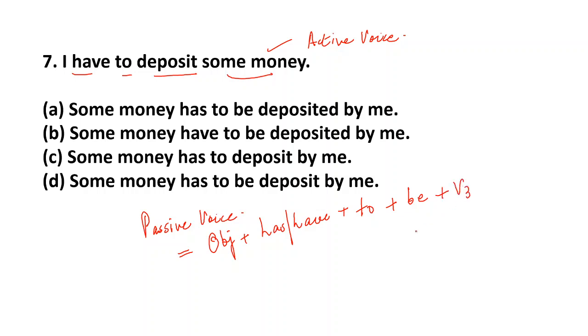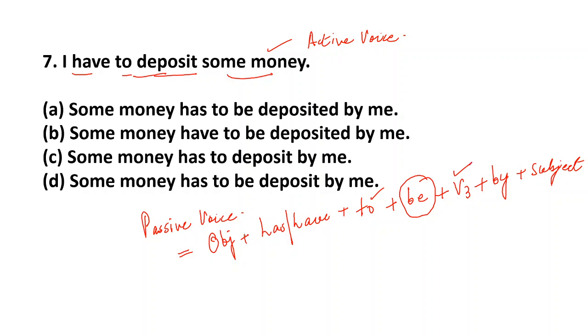As I told you, passive voice will always have V3. Then you will put by and then the subject. Simple, isn't it? So with these infinitives, to deposit is there, so to will be there, but then be will come in between and this will become V3.